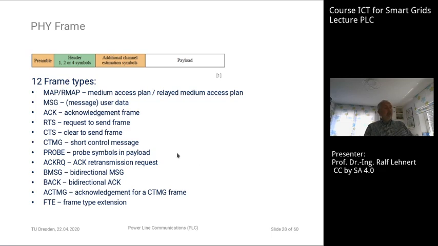If the data content is short, then we use, for instance, the acknowledgement frame type for the PHY frame, and so on. I don't go into detail. There are quite a number of these frames adapted to the special type of payload.